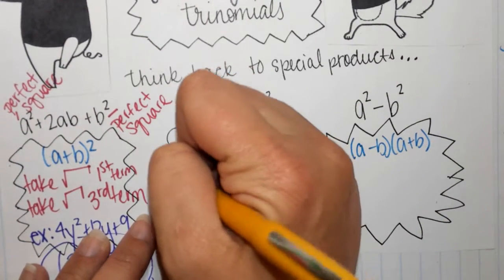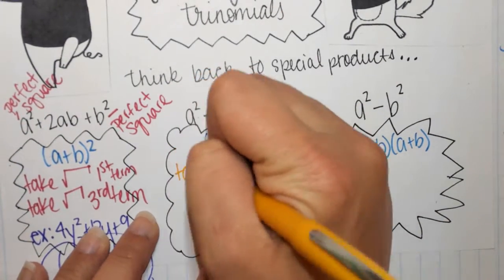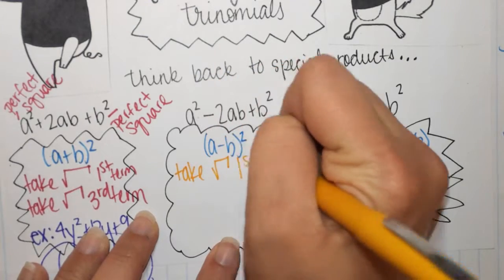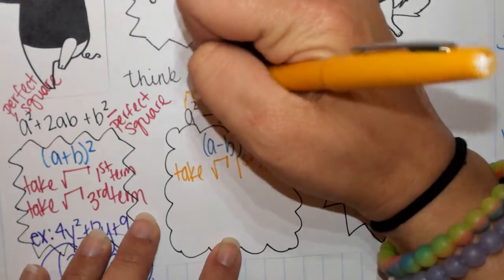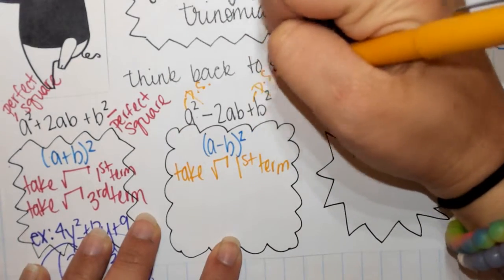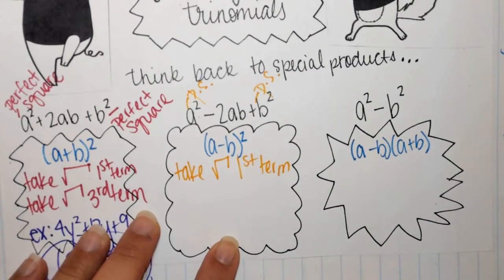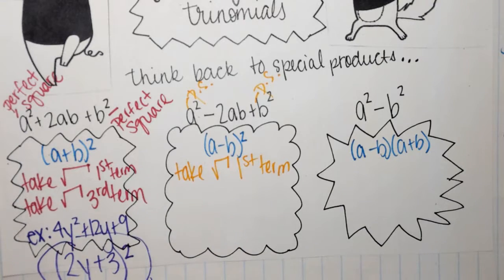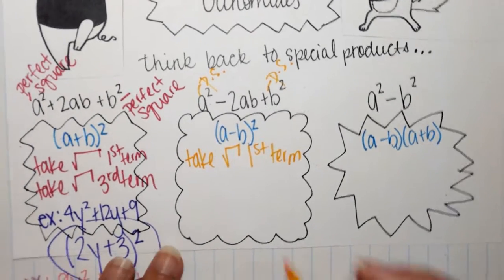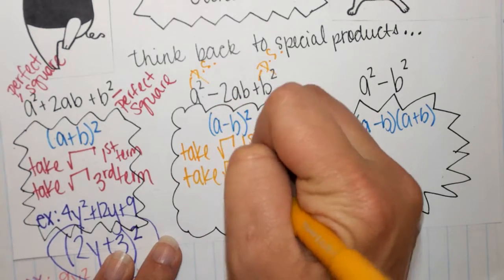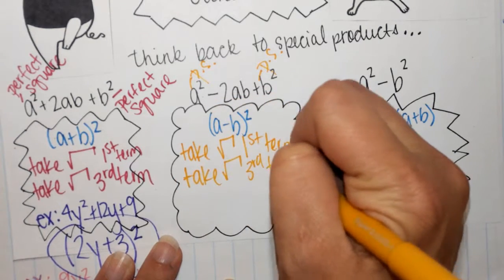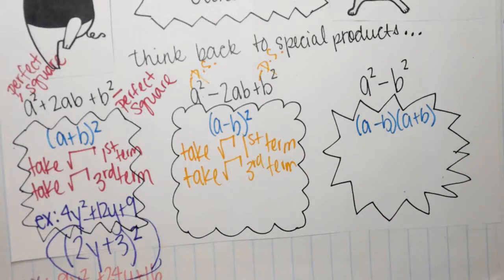So you still take the square root of the first term, because this guy is a perfect square, and this guy is a perfect square. What do you think we're going to do next? Take the square root of the third term. And then we'll slap a squared on it and put a minus in there.